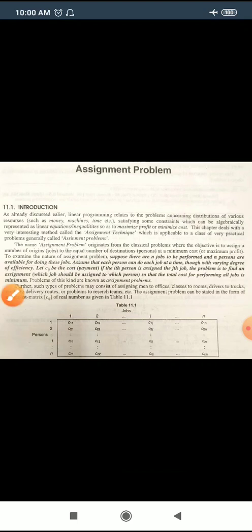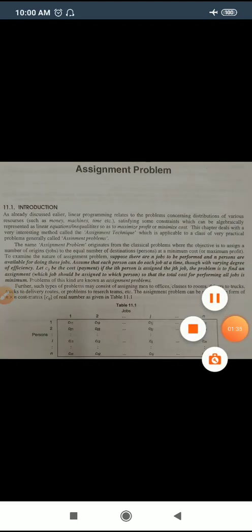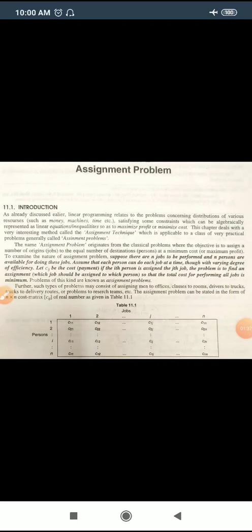Let Cij be the cost payment if the ith person is assigned the jth job. The problem is to find an assignment so that the total cost for performing all jobs is minimum.